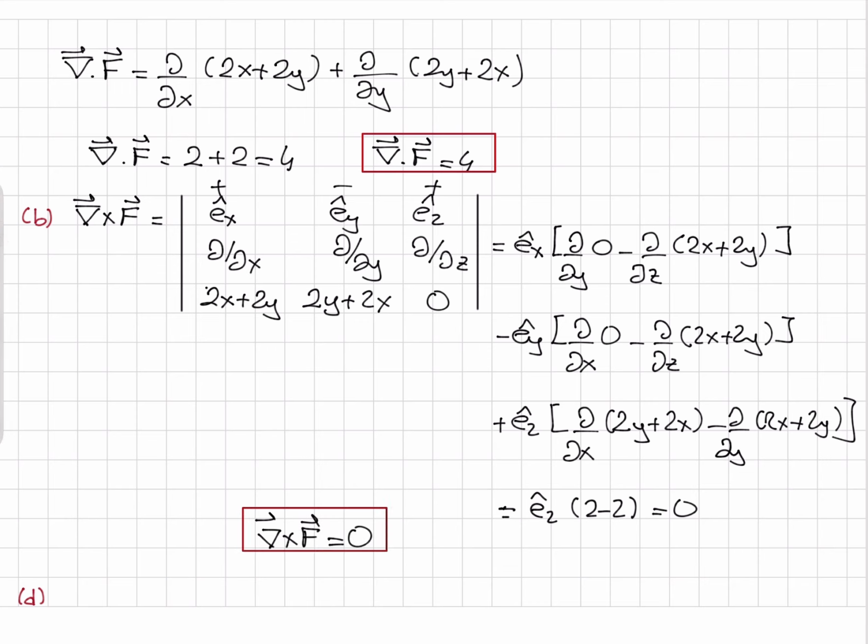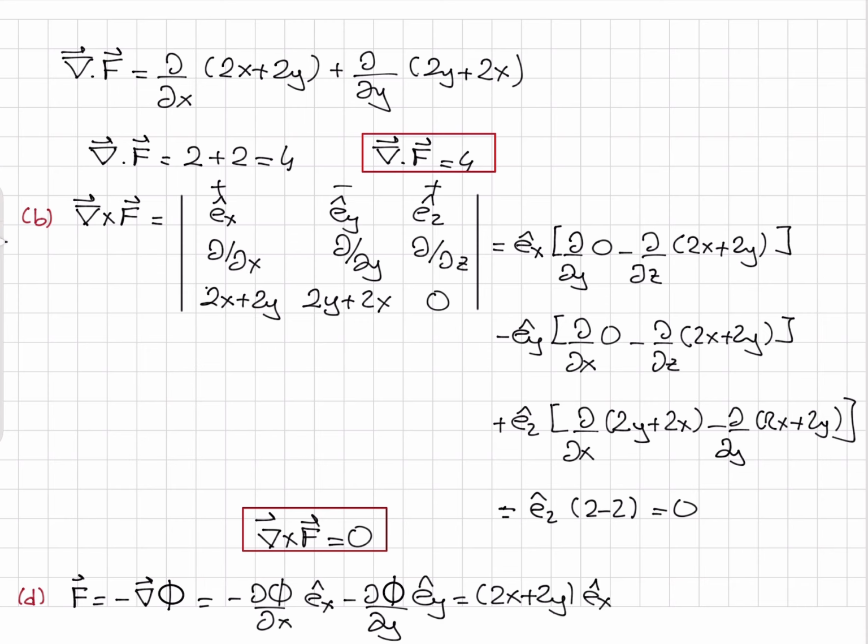Now, if the curl is 0, that means it can be derived from a potential. So the force can be written as minus gradient of phi. This is part D. And that is minus del phi del x ex hat minus del phi del y ey hat, and that is 2x plus 2y ex hat plus 2y plus 2x ey hat.